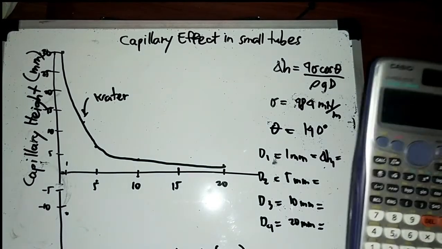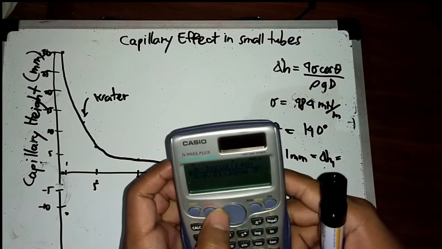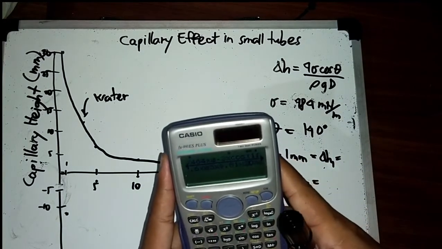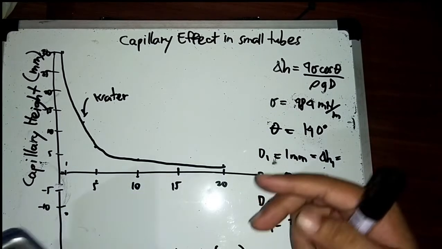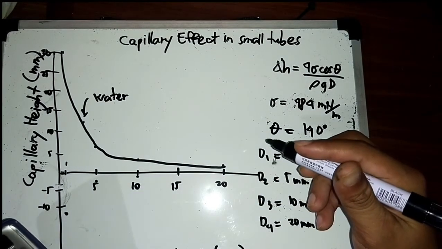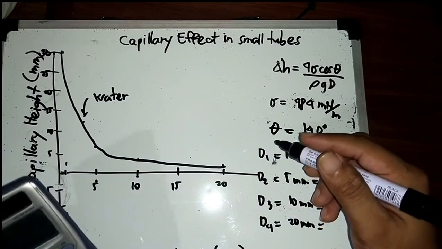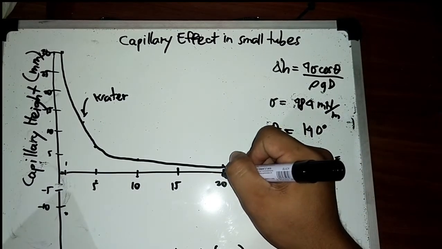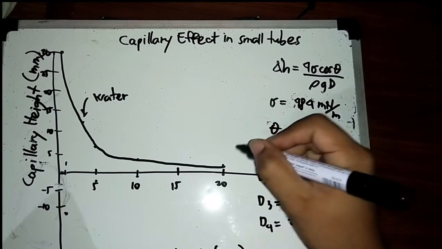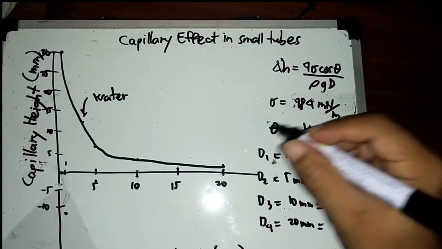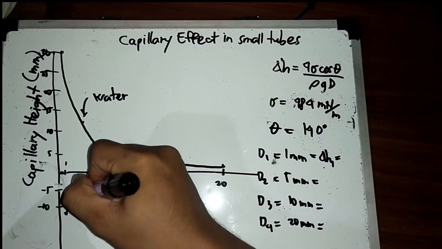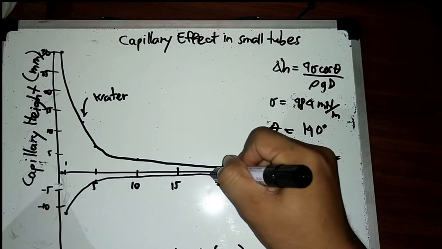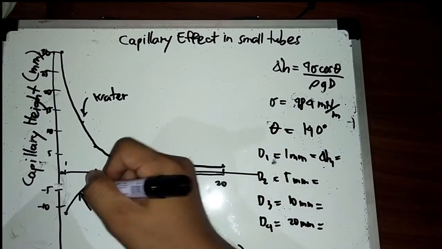Then for 20, negative 5.55 times 10 to the negative 4, or 0.5 mm. So here, this is the graph of mercury.